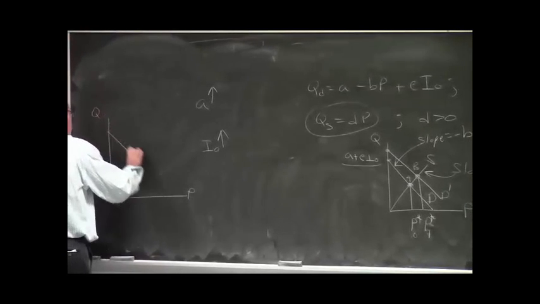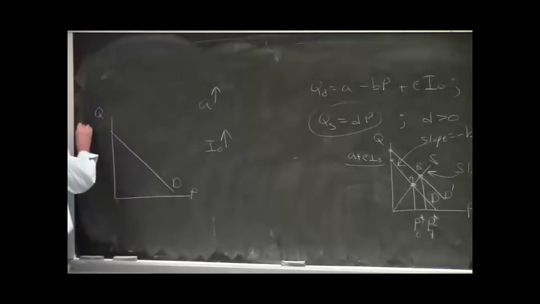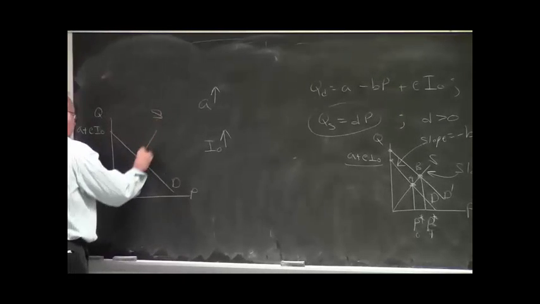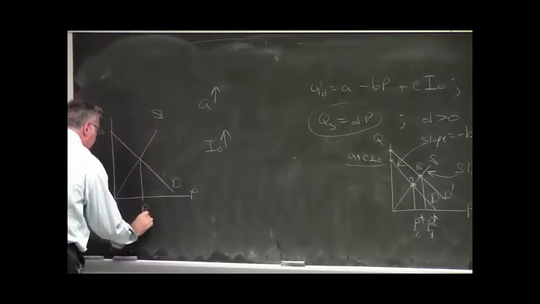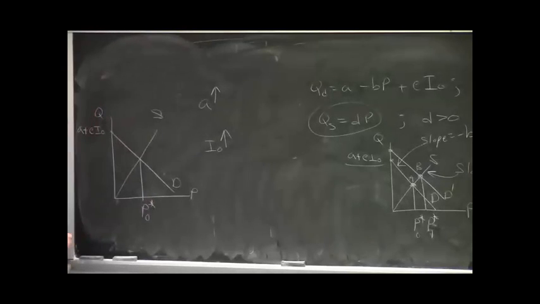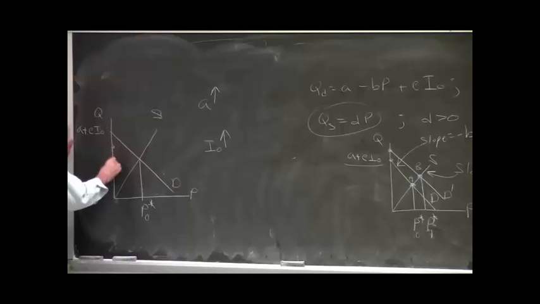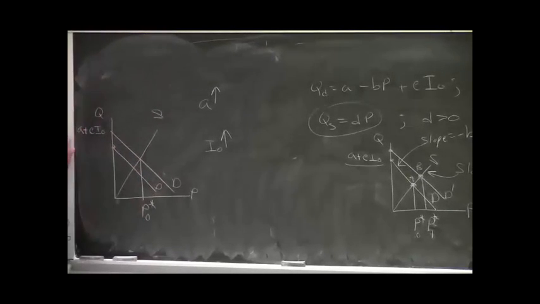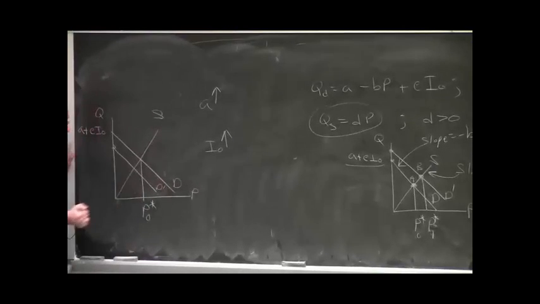Okay, so here's our original diagram. A plus EI. Here's our supply curve. Here's our original equilibrium price. Now, if I goes up, since E is negative, the new demand curve is going to shift downward. But the slope will be the same because minus B is still the slope.